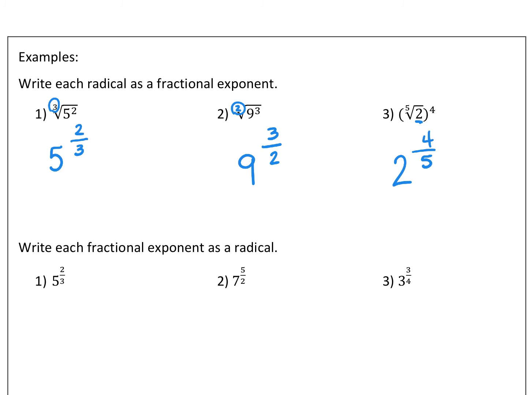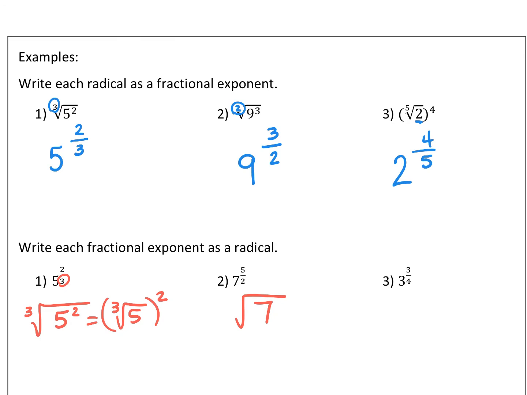Second examples are writing each fractional exponent as a radical. So again, now the 5 to the power of 2/3, so the 5 goes underneath there. Denominator in the notch. This will be a cube root of 5, and then you can write your 2 either right underneath there, or if you write it like that, those are equivalent expressions. 7 to the 5/2, so I've got a 7.